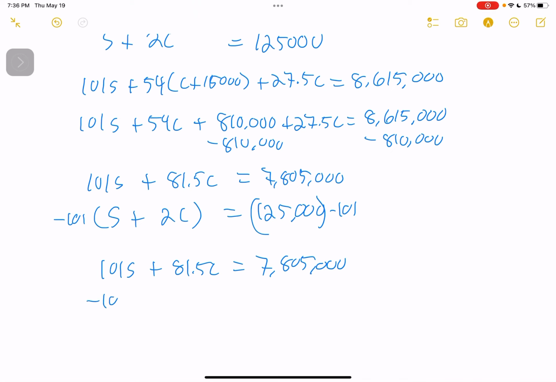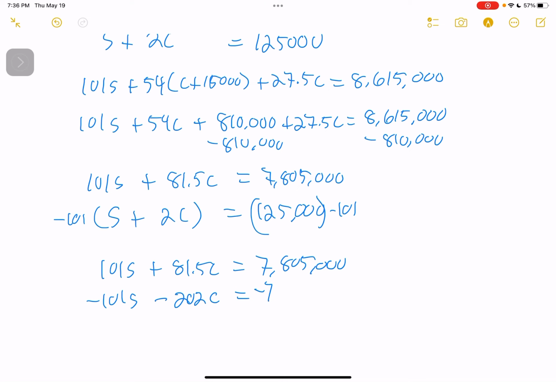Then I have a negative 101S plus, and that's going to be 2 times the 101 is 202. So I just do minus 202C equals, and then I have negative 101 times 7,805,000.